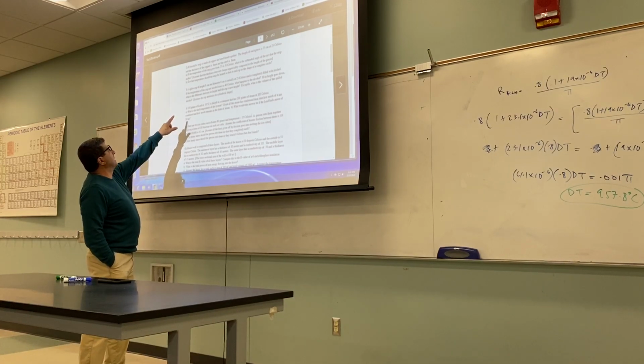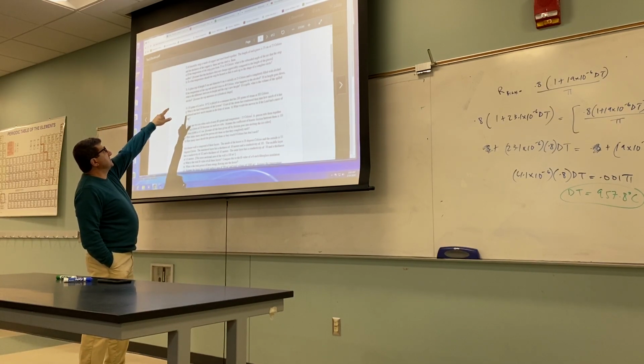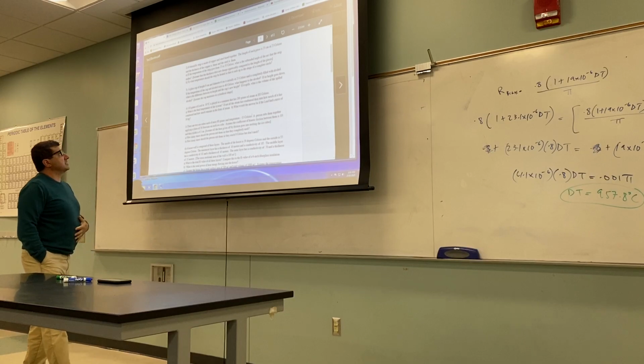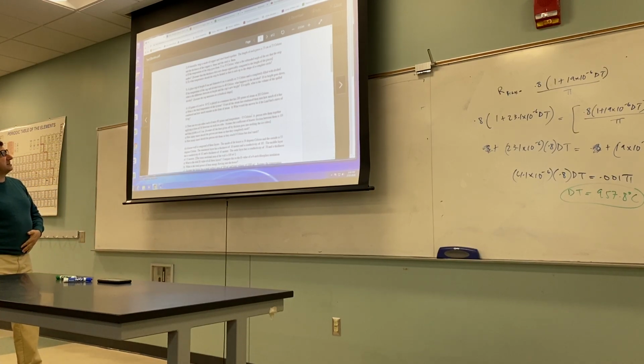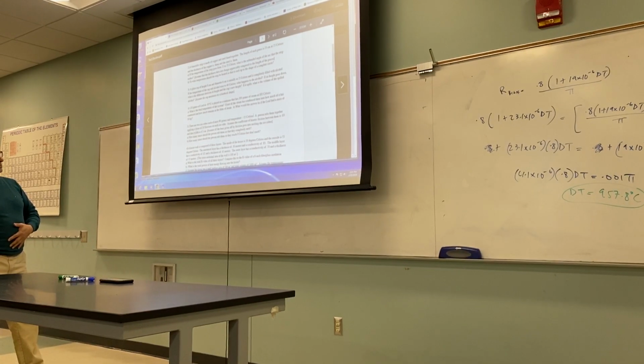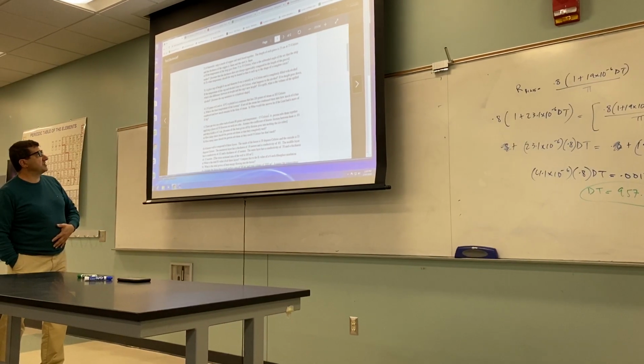Something like this, for example, number 3 is a little bit different in style. A glass cup of height 8 and diameter 6 is initially at 25 and is completely filled with alcohol. If the temperature of the cup and the alcohol rises to 40, what happens to the alcohol? If its height goes down, what is the difference?